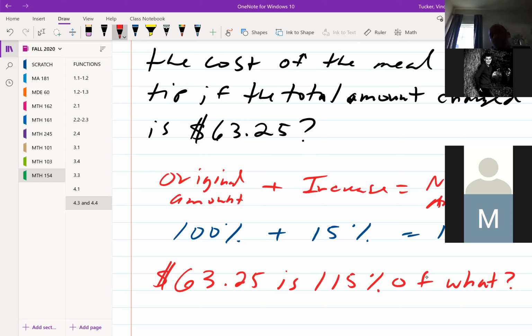Right, you want to know what that original amount was. 63.25 is my new amount. That new amount, we just saw, is 115% of my original, because my original was just my regular amount, my 100%. They added 15% to it, and that's 15% of my original. So this is how we should be looking at it.